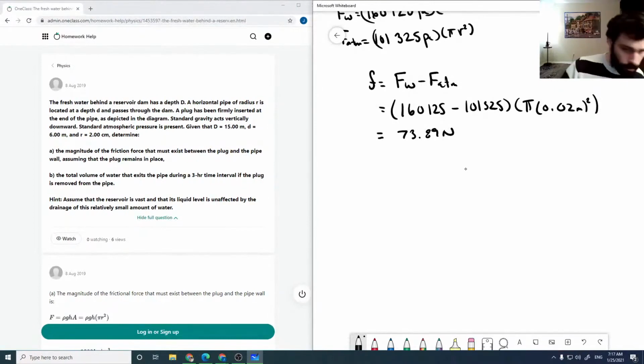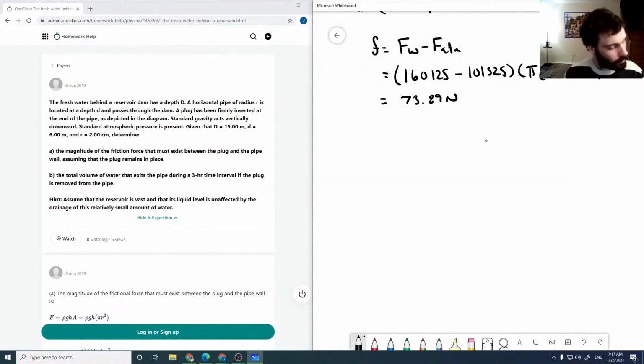So for this, I consider just the pipe. And now at this side of the pipe, we're going to call the kinetic energy 0 and the potential energy just rho g h.